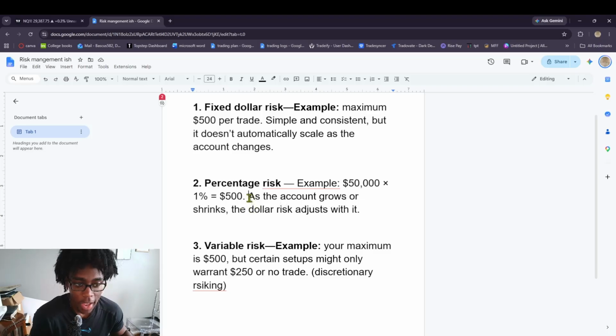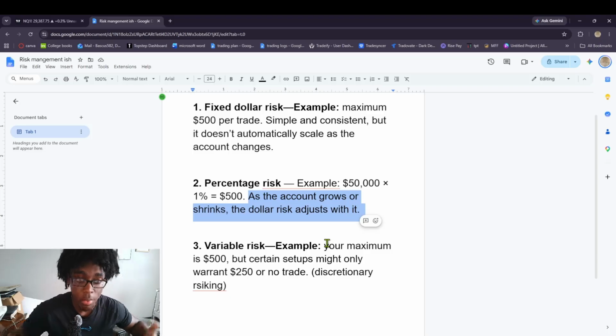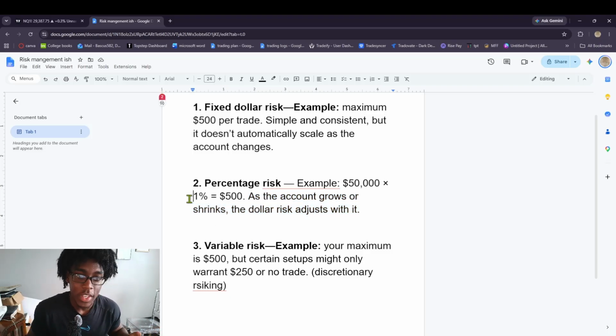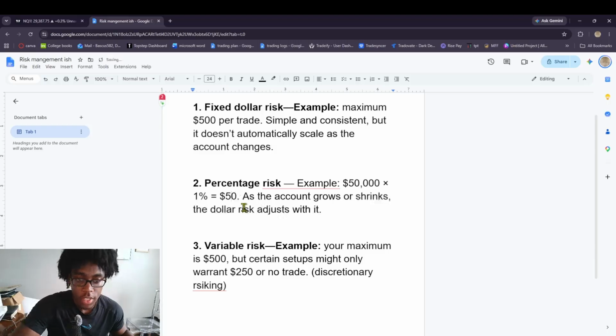As you see, I have here, as the account grows or shrinks, the dollar risk adjusts with it. So pretty simple. If you have a trading account that's $50,000 and you tell yourself, I'm going to do 1-to-1s, which means I'm going to risk 1% on each trade and try to make 1% as well. Well, you're going to be at $500. But if that account goes to $51,000, well, now that has changed to $510.